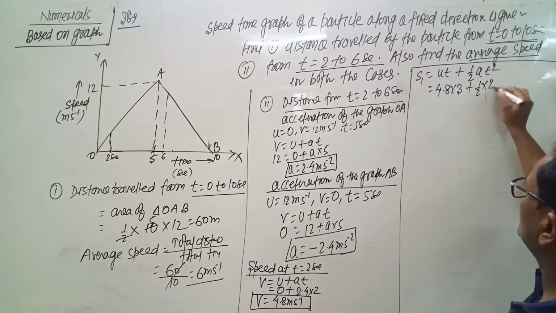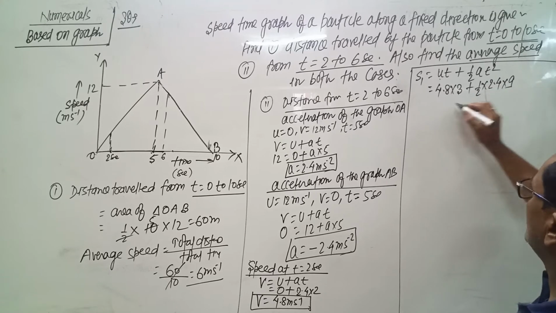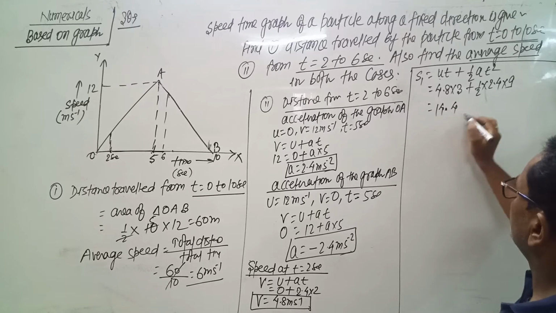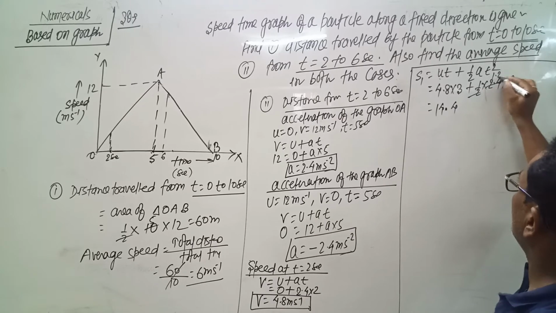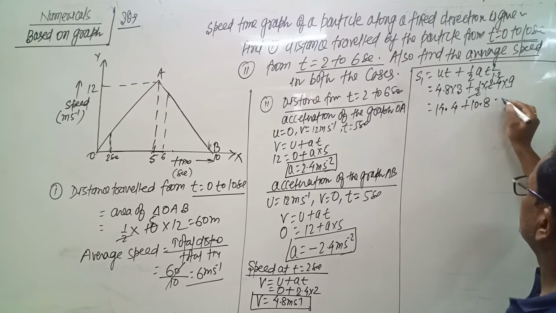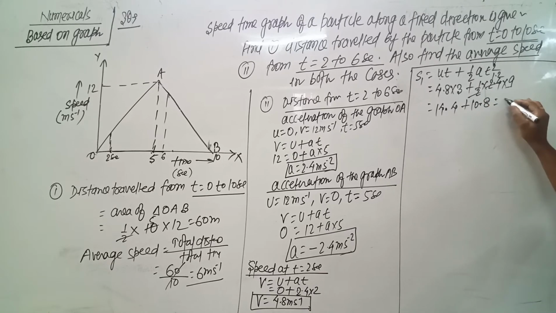Half acceleration 2.4 into 3 square, 9. This is 14.4 plus 1.2 into 9, 10.8, and complete this is 25.2.